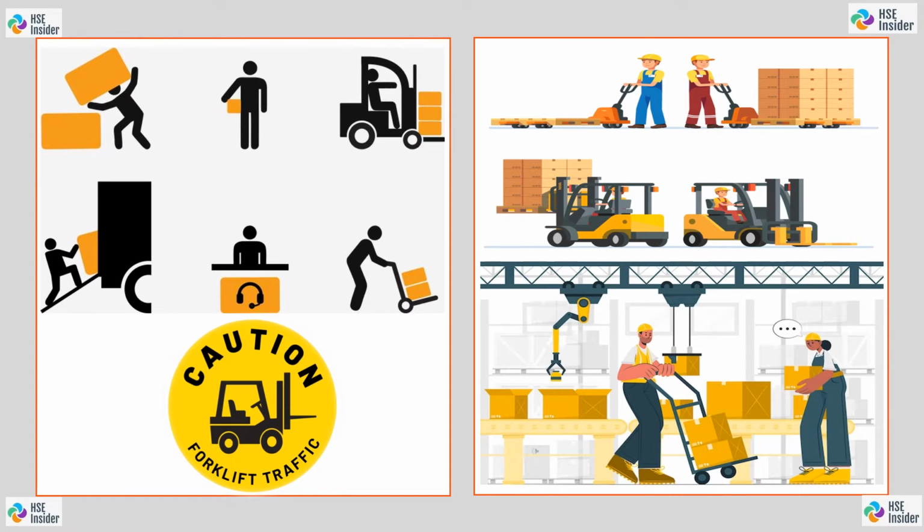What are the common risks in material handling? Material handling can involve a wide range of tasks: lifting boxes, using forklifts, stacking materials or operating cranes. But these tasks come with risk.